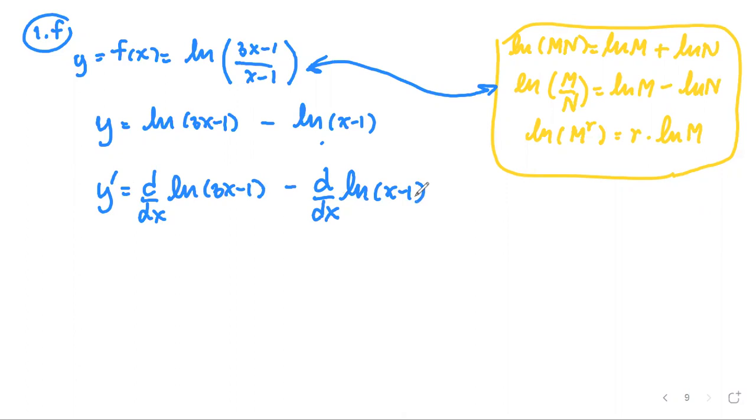Log of the quantity again. So this is log of the function g. I'll put the notes on the side here again. If you find the derivative of the natural log of the quantity g, it is 1 over g of x times g prime.